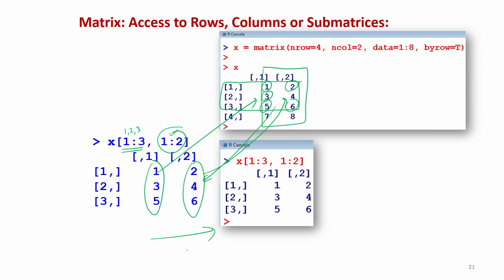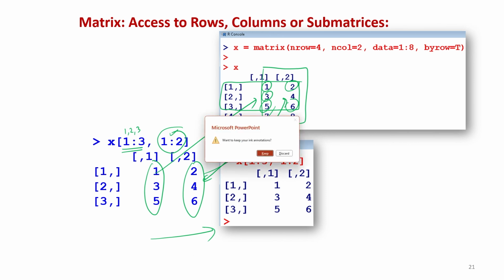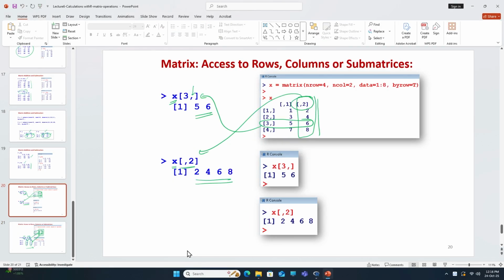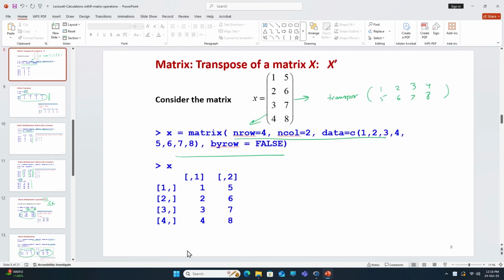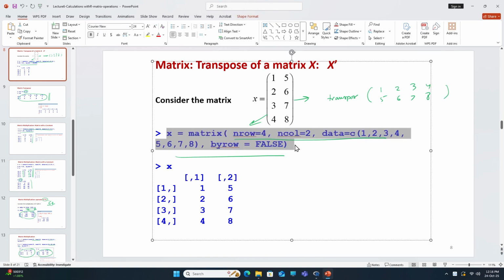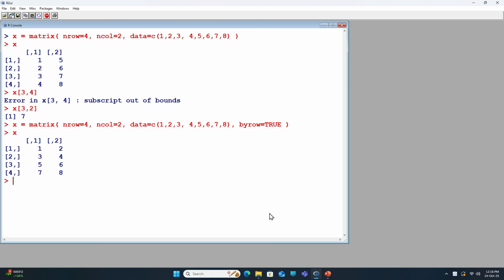So let me first show you all these operations on the R console also, so that you become more confident about them. I had already taken this matrix X, but let me create it once again so that there is no confusion. So let me take the X matrix here like this.